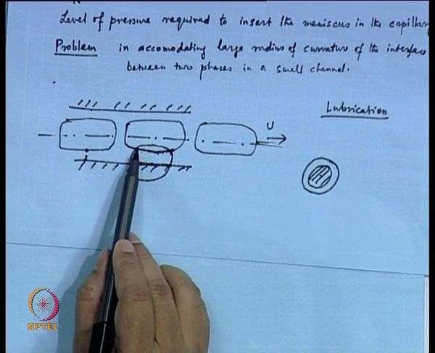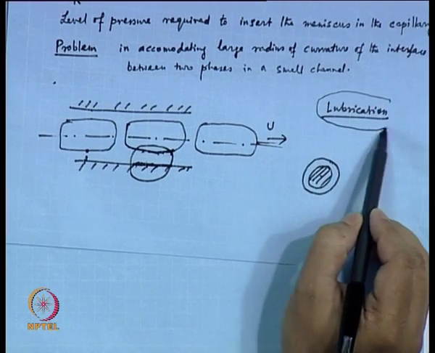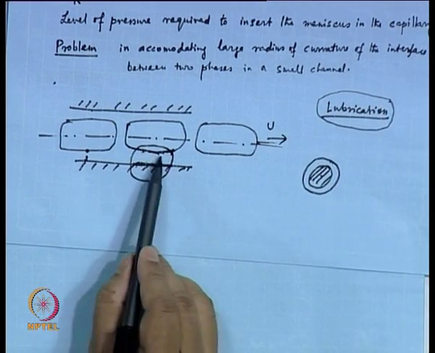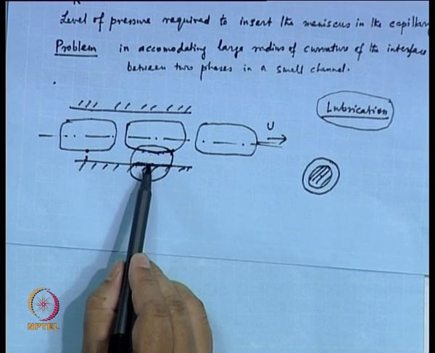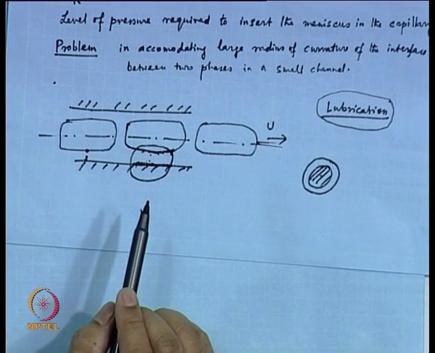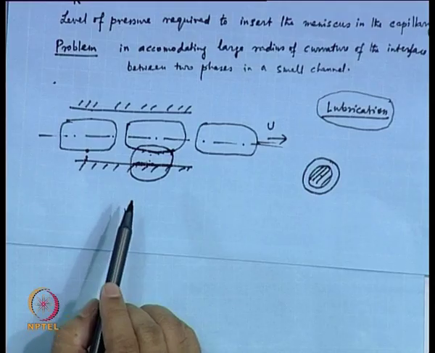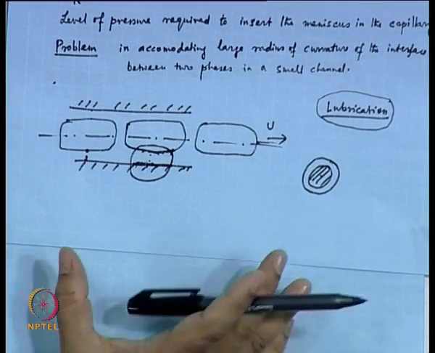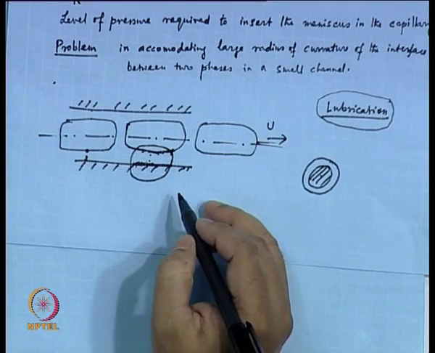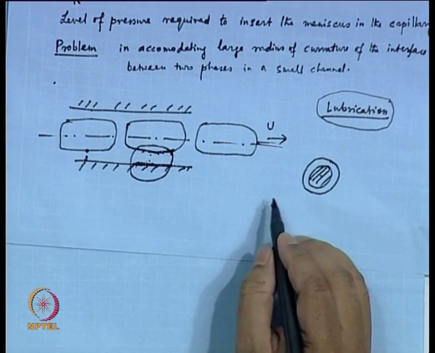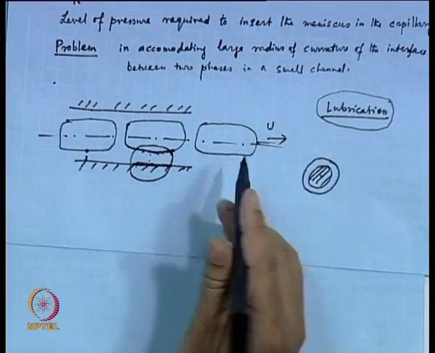Considering that this wall is moving, using this theory of lubrication, we will be finding out a velocity profile within this layer, and that is going to affect significantly the final derivation of pressure drop, because what we are interested in is the pressure drop to have this train of bubbles flowing through this.